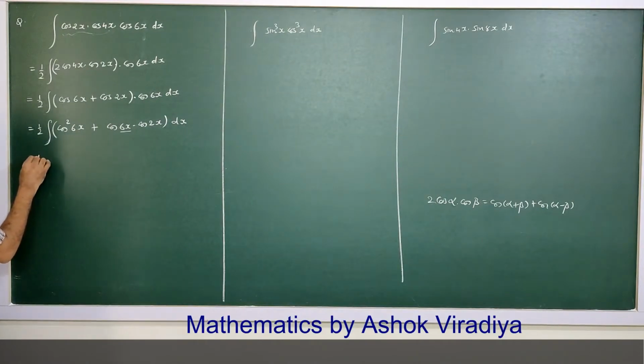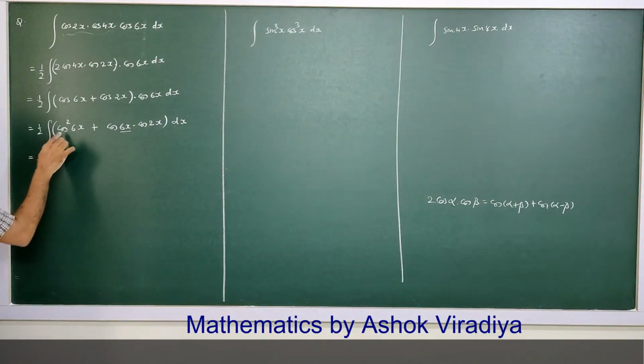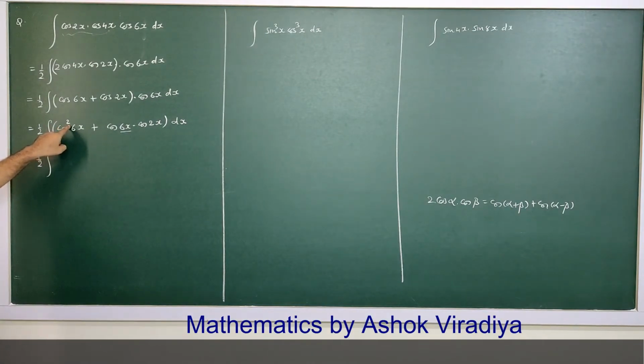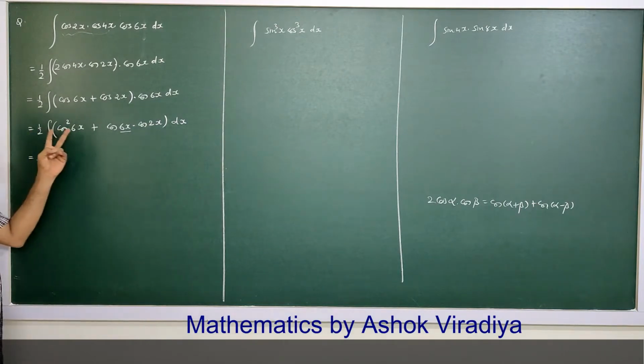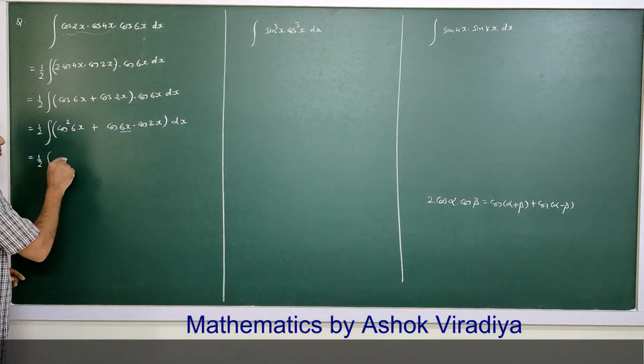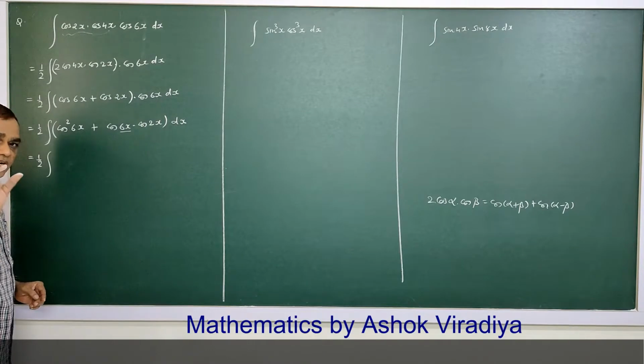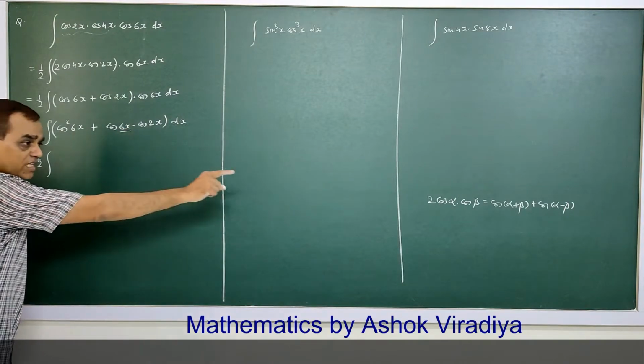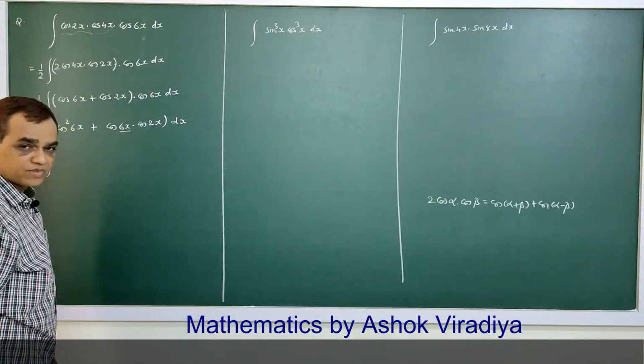Now, as I told in the last question, wherever cos square theta is given, it is necessary to remove the square. So cos square theta is 1 plus cos double theta by 2, that we shall use to remove this square. And here to break this product, once again this formula will be used.